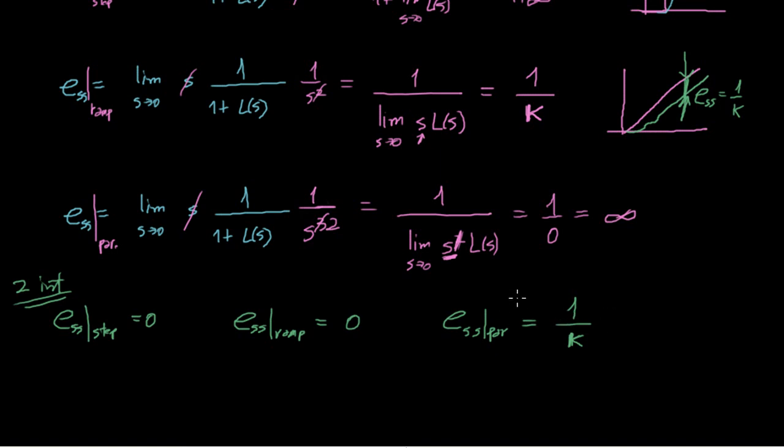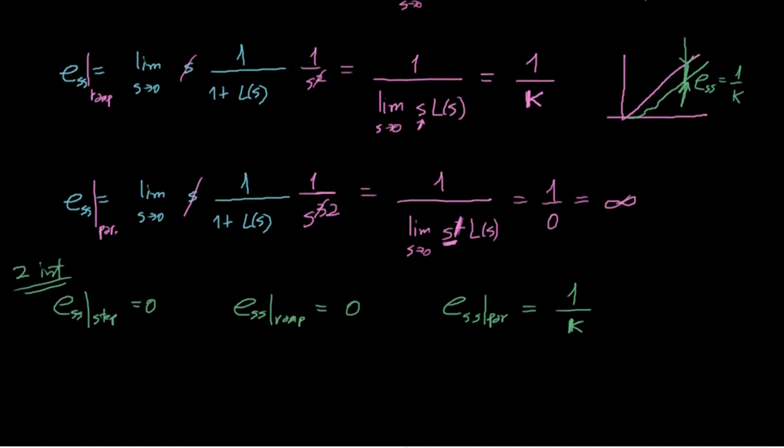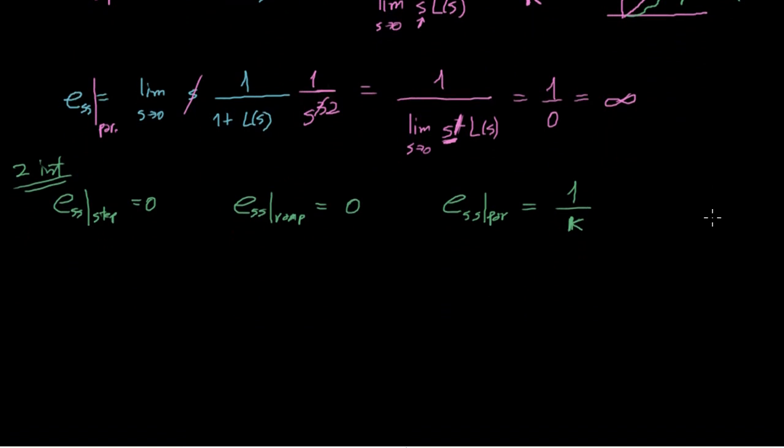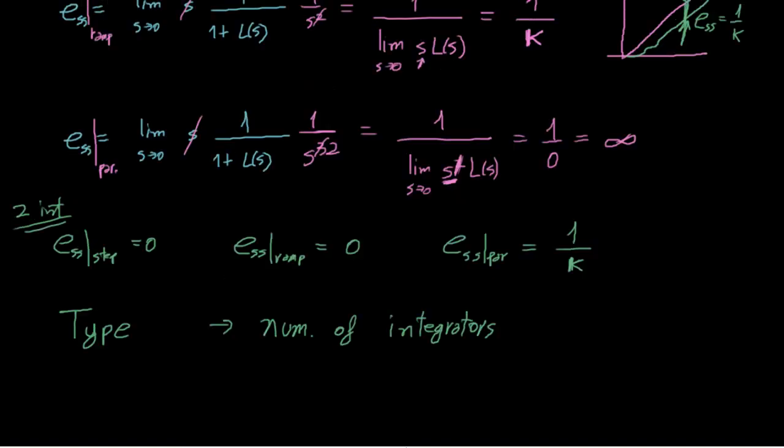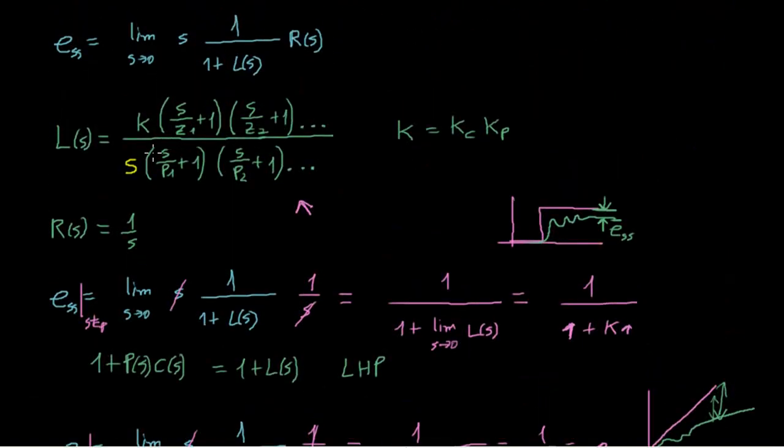So as you see, what makes a difference is the number of integrators in the open loop transfer function. We call that number the type of the system. So the type is the number of integrators, or in other words, the exponent of s here.